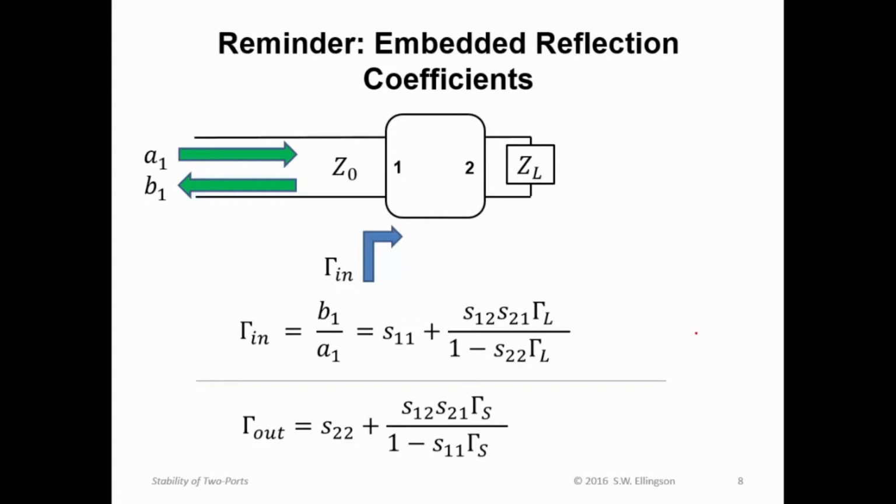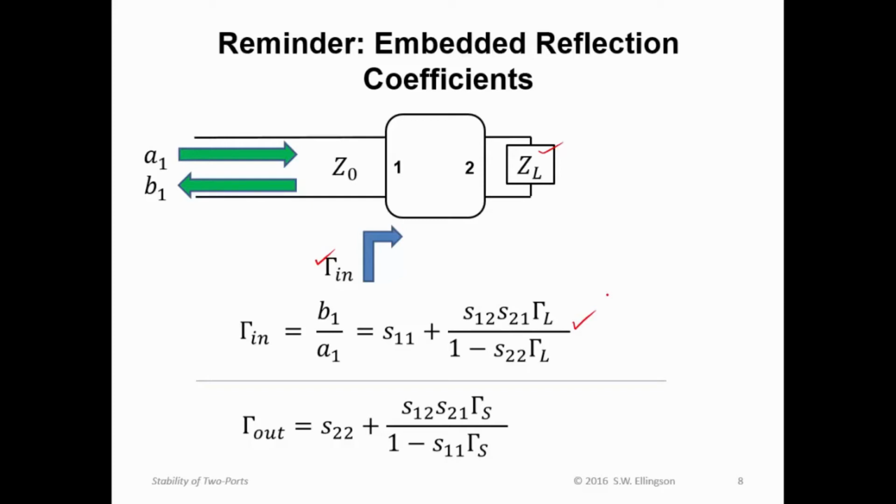So first, a quick reminder, because we'll need this in just a moment, about embedded reflection coefficients. The idea is that, for example, the input embedded reflection coefficient is what we see at the input of the two-port when the output is terminated in some specified impedance. And in that case, we find that the embedded input reflection coefficient is given by this expression.